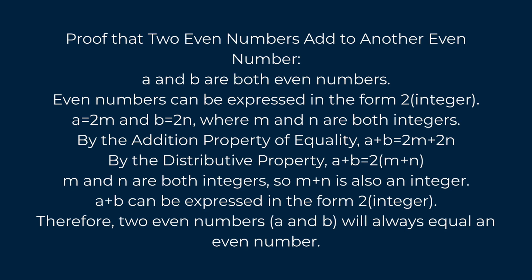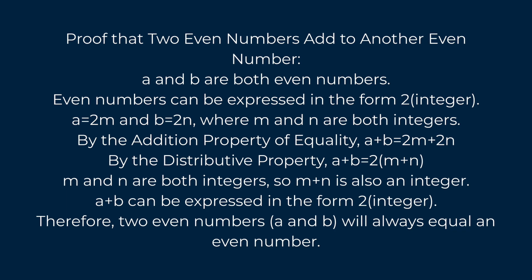But here's the thing. How do you know that this is true for every single instance of this problem? For example, if you hand checked all even integers, which is impossible because there are a lot of even numbers, they go all the way up to infinity, and check that each and every single combination of them added up to an even number, which is impossible, you might find that one of them, even plus even, might equal an odd number.